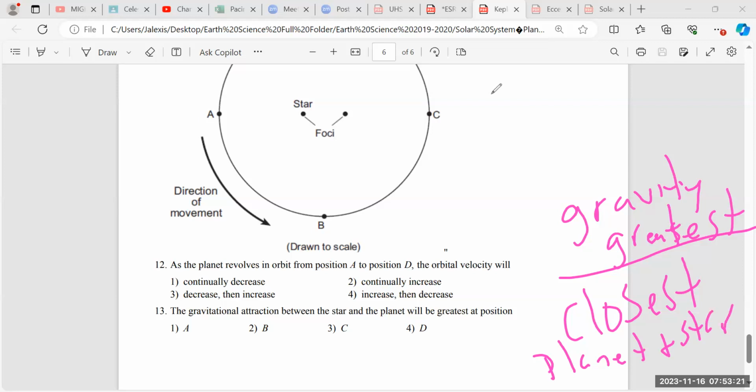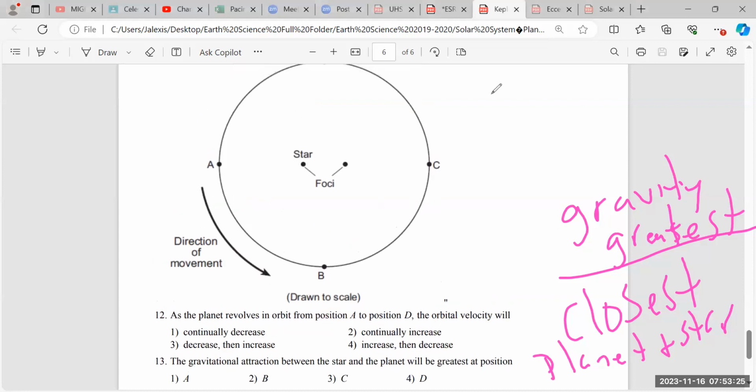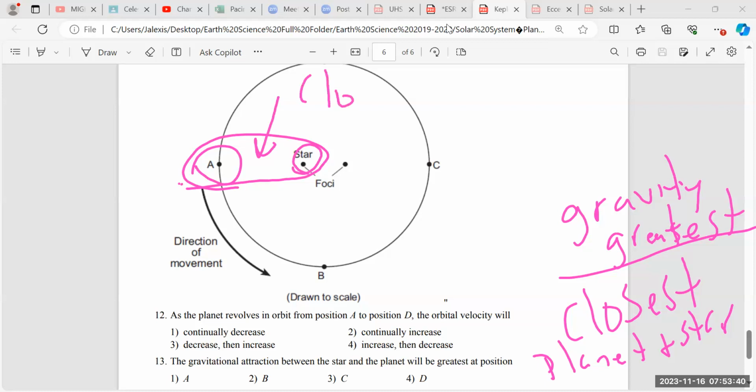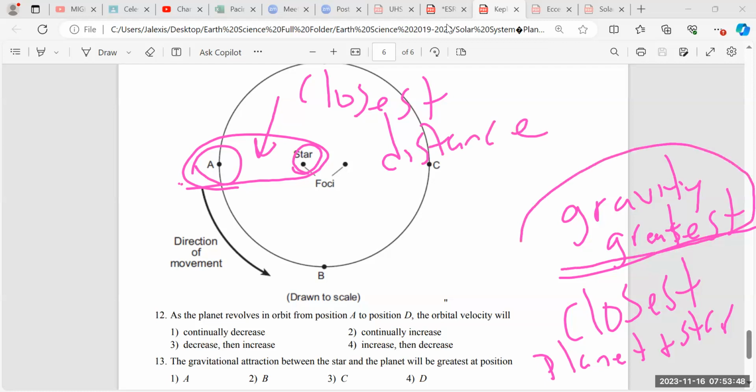So which letter represents the closest position between the planet and the star? The star is right here. It's got to be letter A, because letter A has the closest distance. So because it's the closest distance, that means the gravity is going to be the greatest, which is letter A.